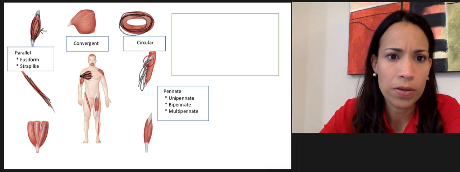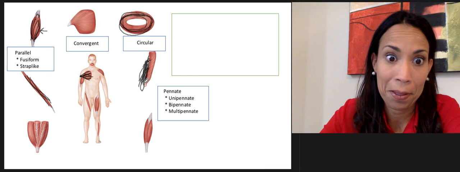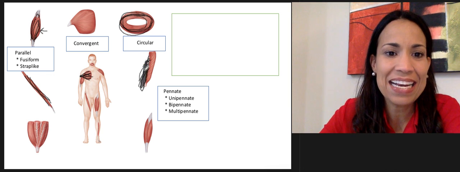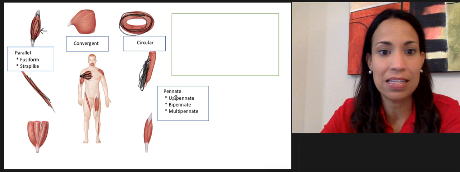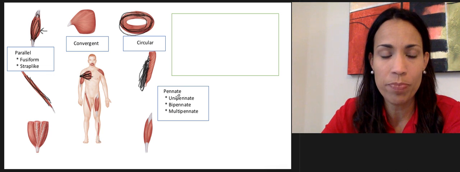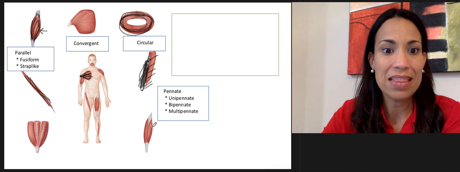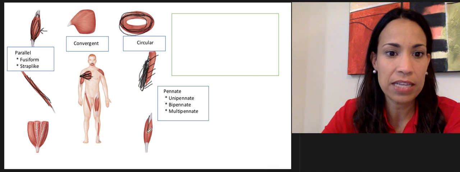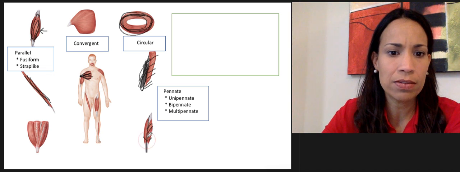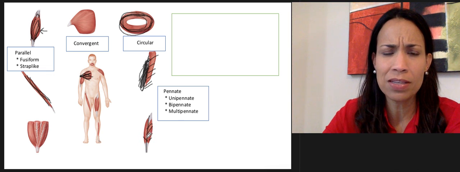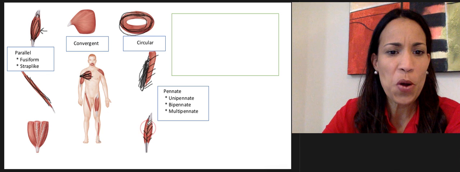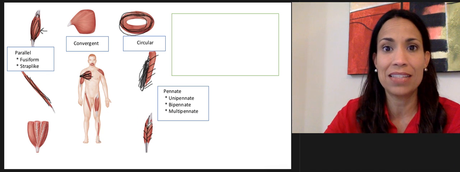In the unipennate, the muscle fascicles attach to one side of that tendon. In the bipennate, we have the tendon right here in the middle, and the fascicles attach on either side of that tendon.